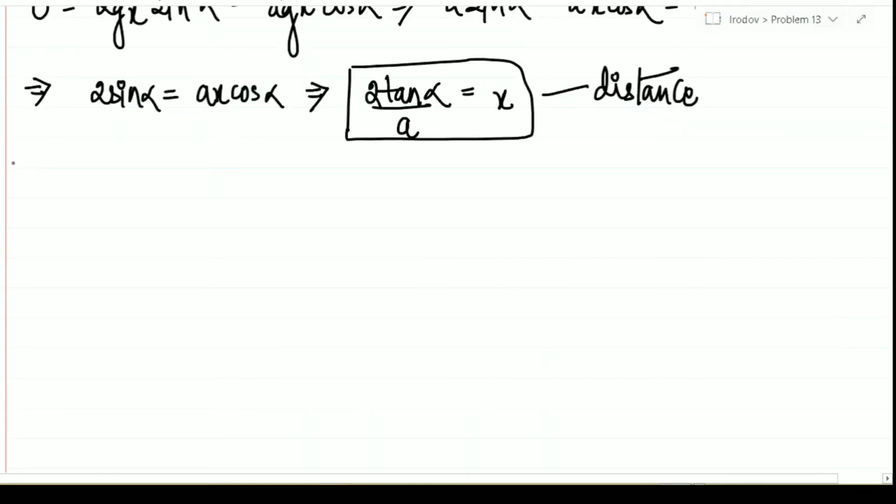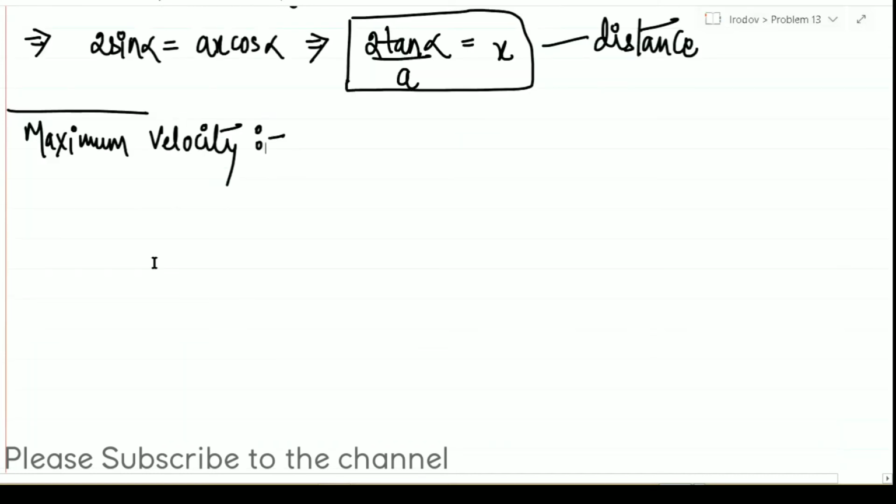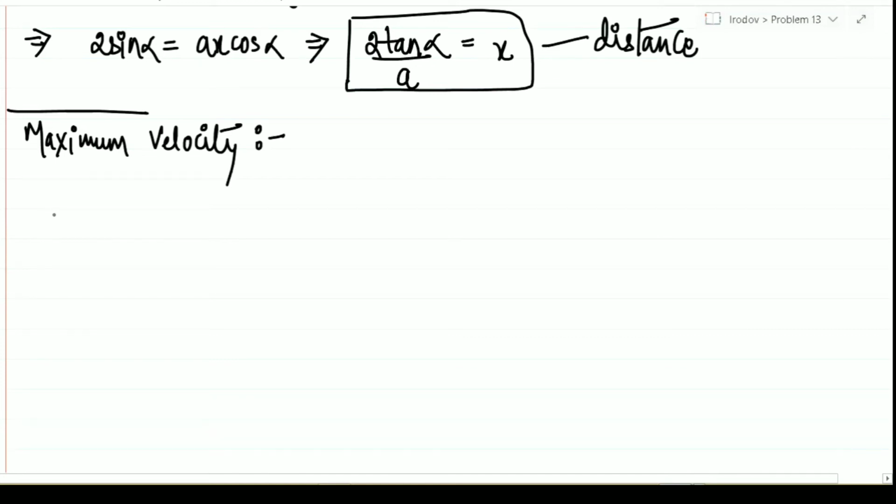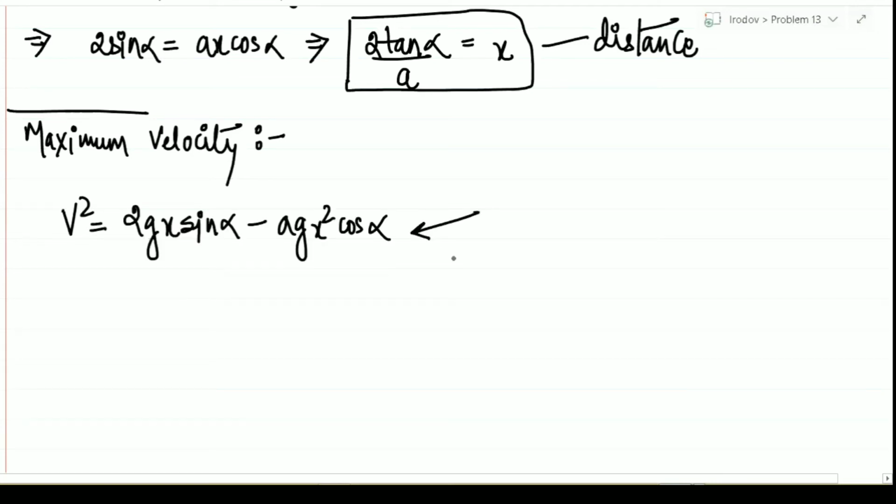Now we will come to the second part of the problem, the maximum velocity. From equation 1, we already have the relation between v and x. We have v square is equal to, so this here is the relationship between v and x.